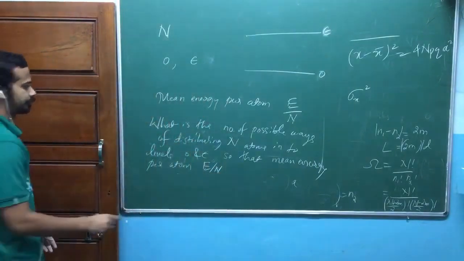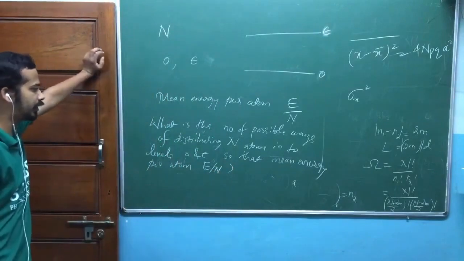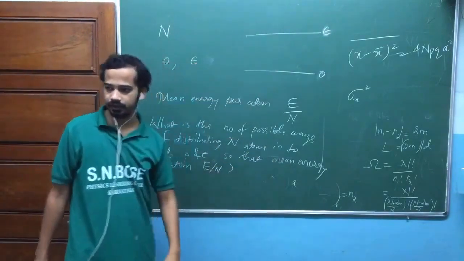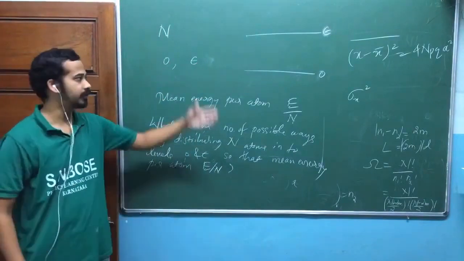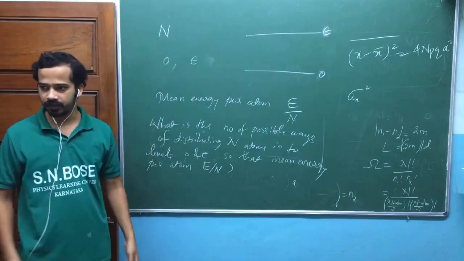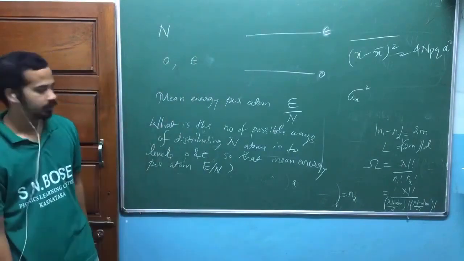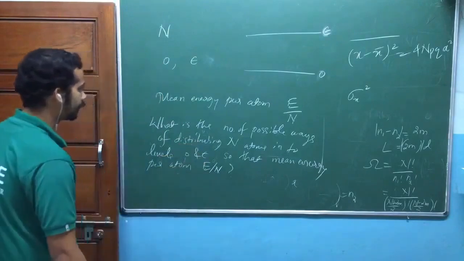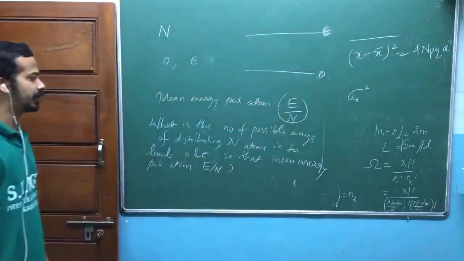This is the question. Just like a random walk, whether the atom takes this state or this state, just like you are going to take a step forward or backward. So he is talking about the total number of possible ways, but he talked about the mean energy as E by N.